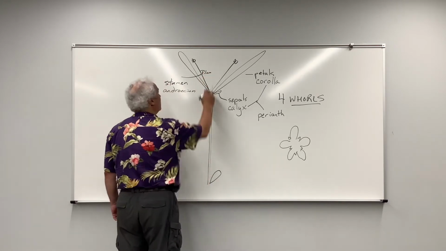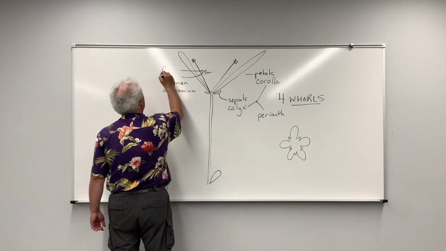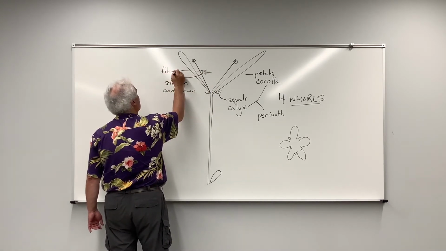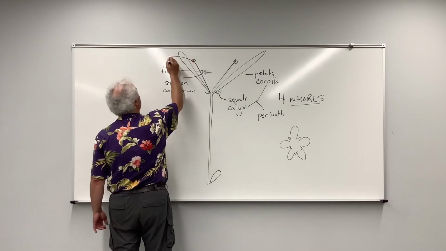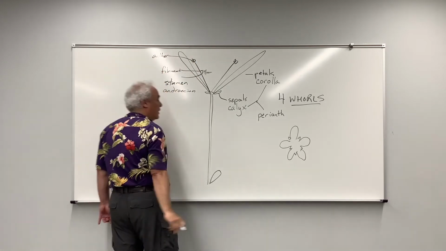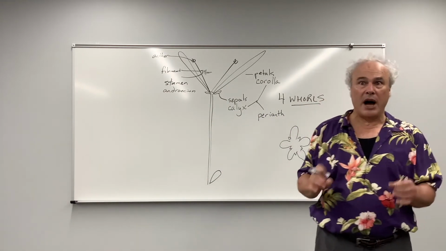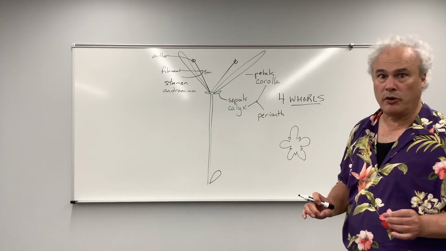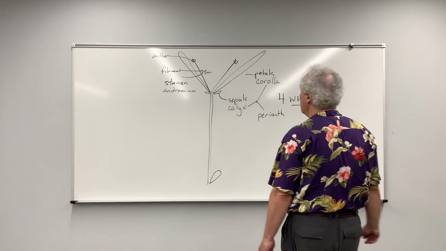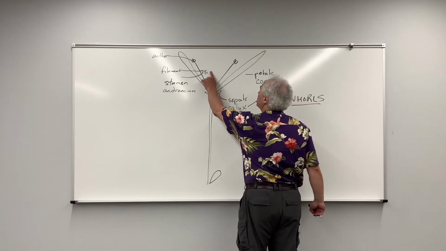Actually, I should write that to the outside. The stalk is a filament. And the business part at the end is called the anther. And the anther contains the pollen grains. And the pollen grains contain the sperm. And this is how sexual reproduction occurs in plants.